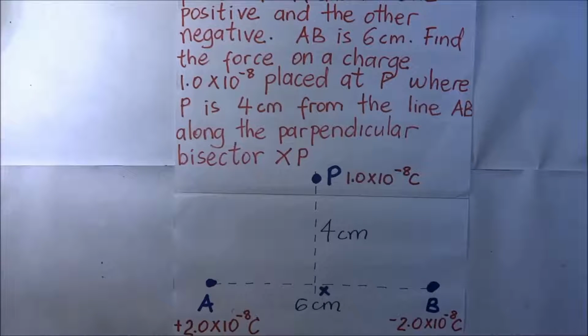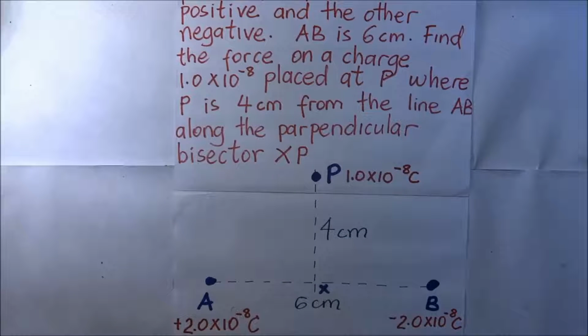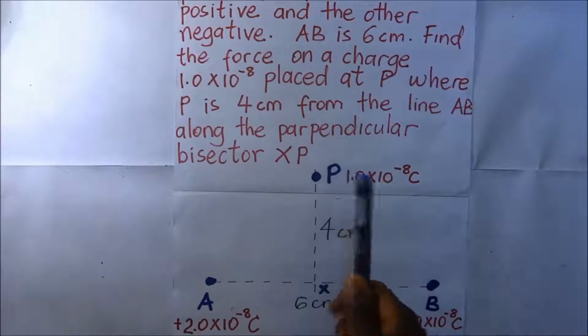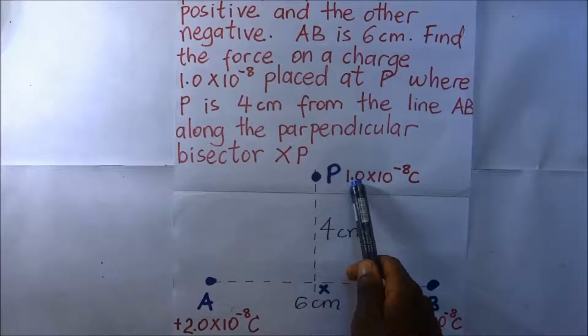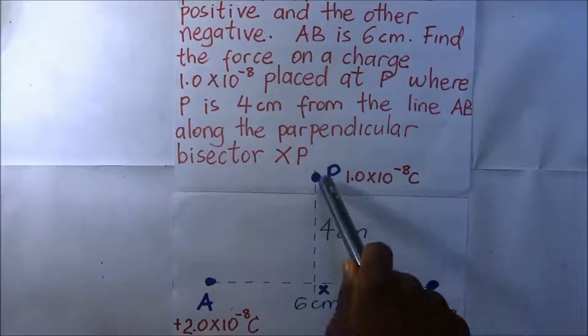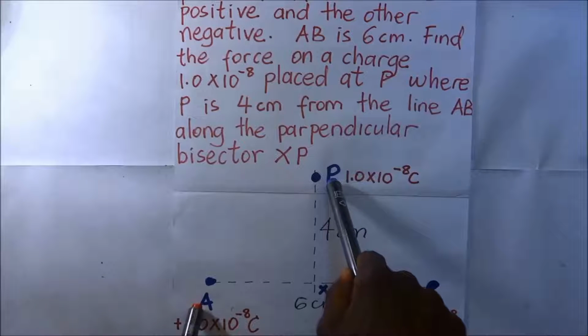And the question is asking us to find the force that is being imposed on that charge P. Now, if you look at that charge P, it has two forces acting on it. First of all, P is positively charged, but it is experiencing a force due to A, and it is also experiencing a force due to B. Now, what kind of force is being experienced by P due to A?